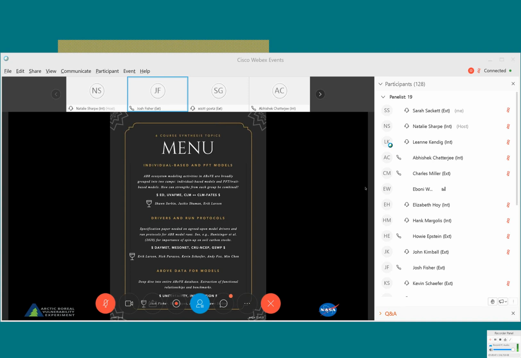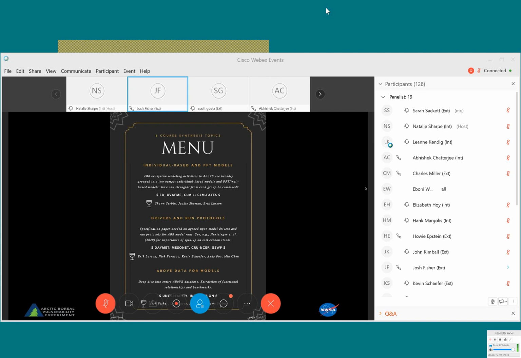So I was just talking with Adrianna Foster in one of our after hours breakout groups, and I think she said she and Jackie Shuman were doing a comparison between UVAFME and CLM, I think, and Sean and Eric, I can't remember who, but there's interest in the CLM versus the CLM state activity as well. So there's good progress going forward on that menu item.